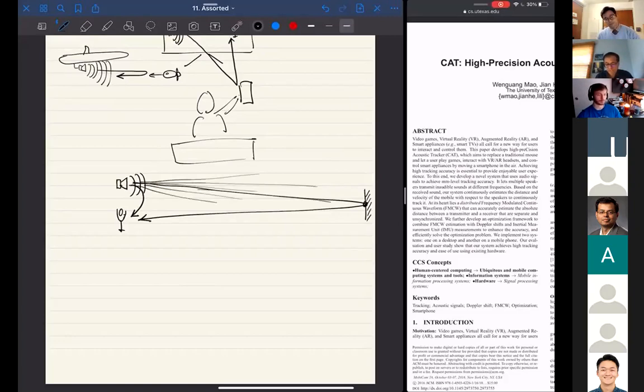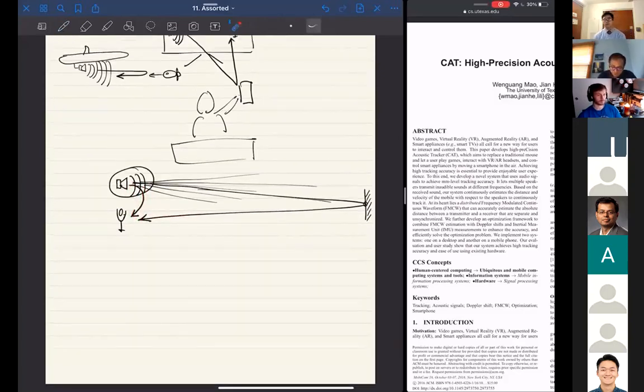By the time the energy reflects off this wall, that amount of energy is a much smaller fraction of the whole energy that the speaker has transmitted. Agreed? So this is a much stronger signal than this.